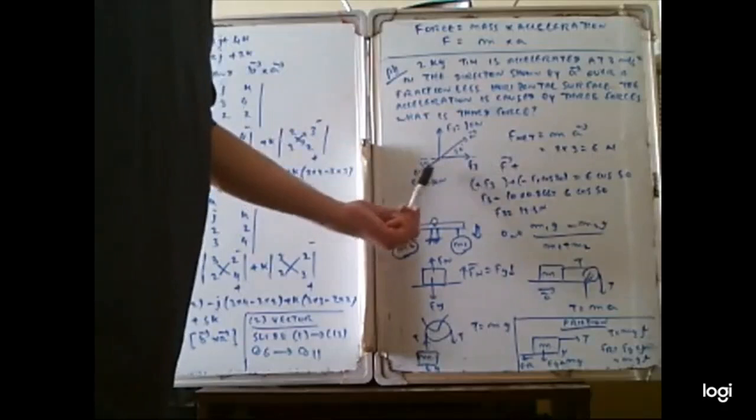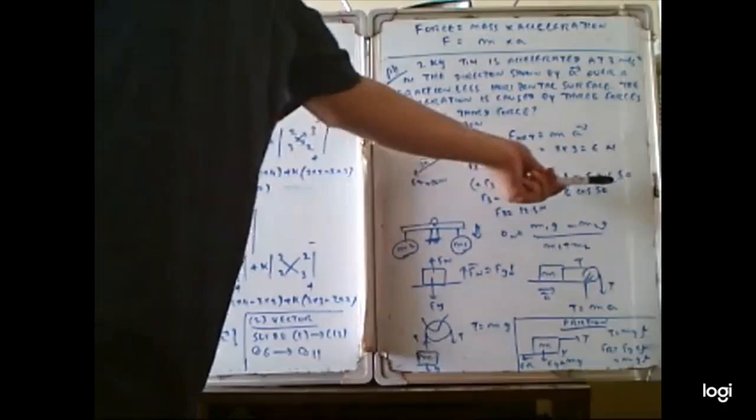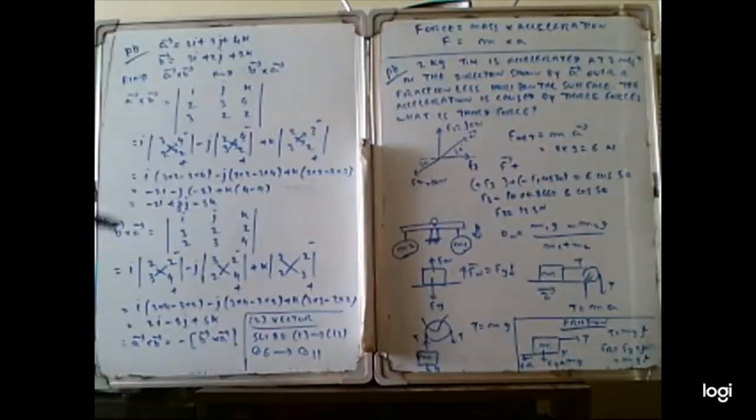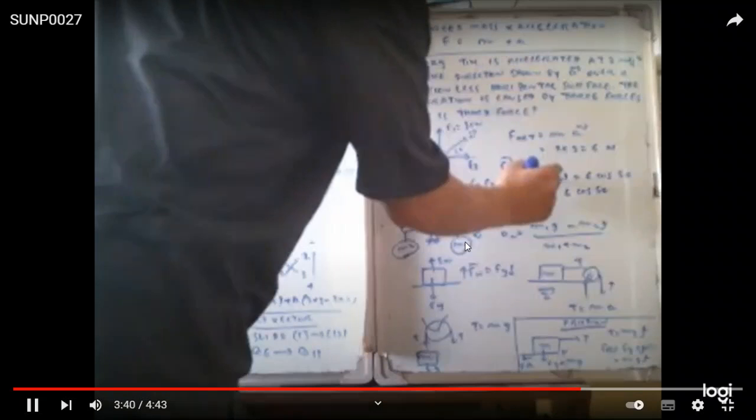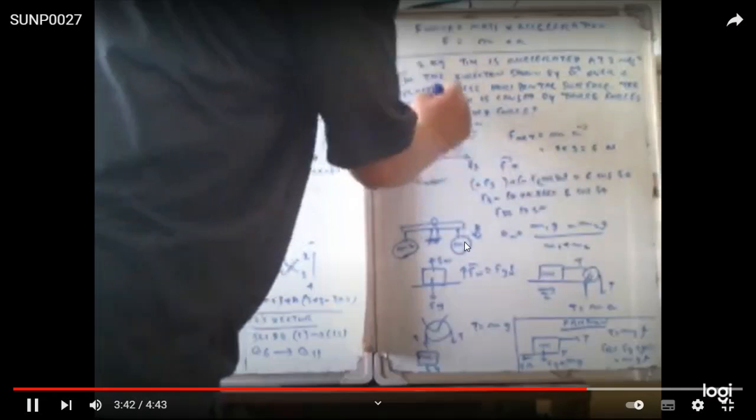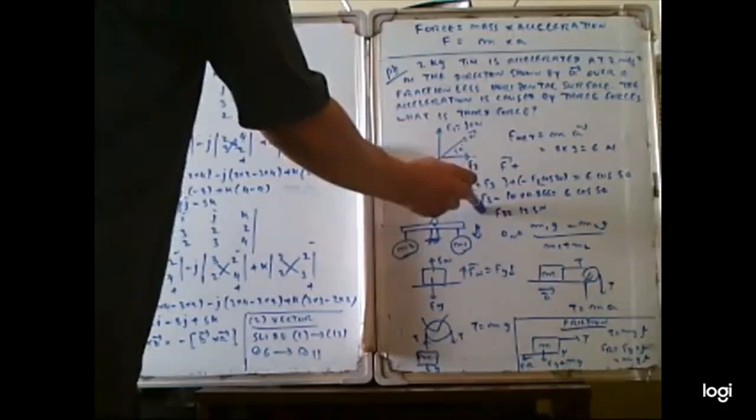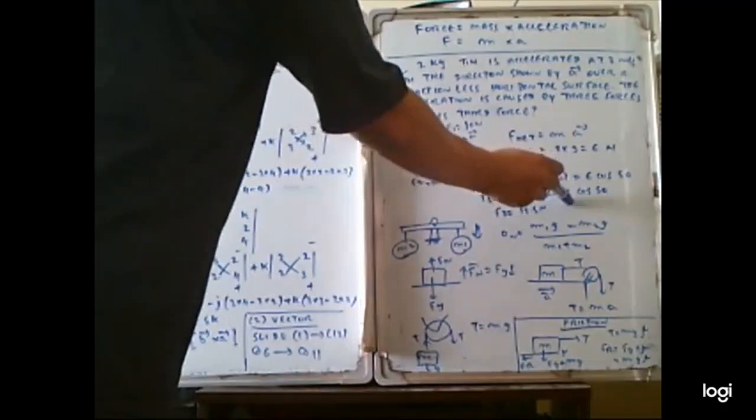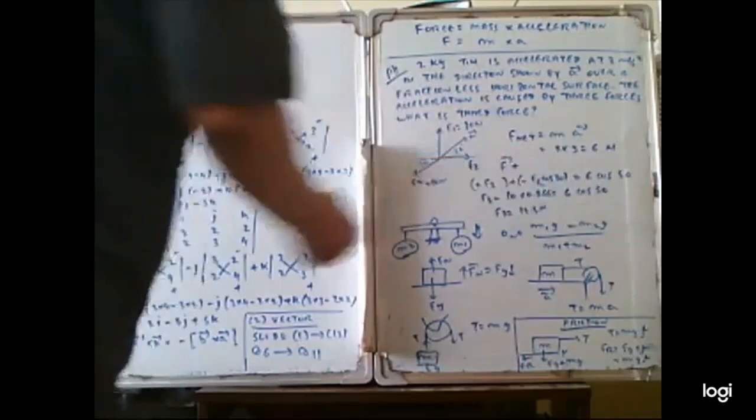F3 is at angle 50. F1 does not participate because it is vertical. So F3 minus 10 into 0.866 equals 6 cos 50. From here you get F3.